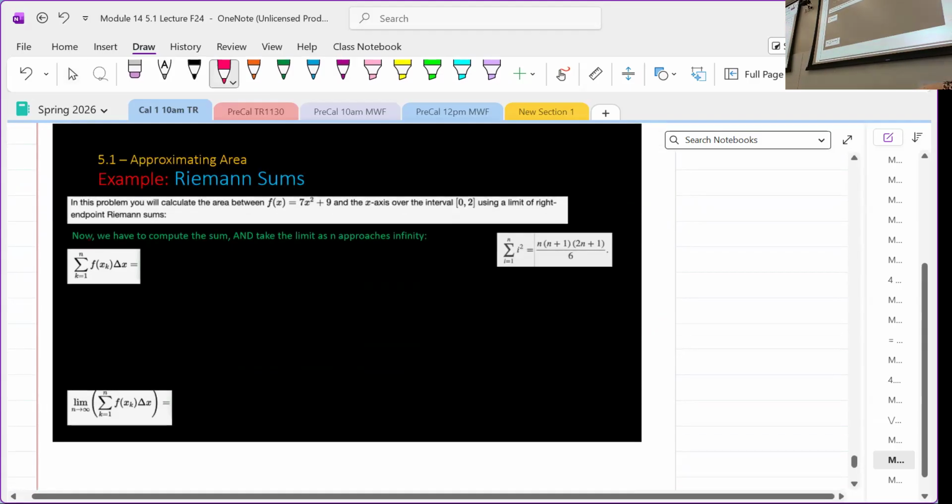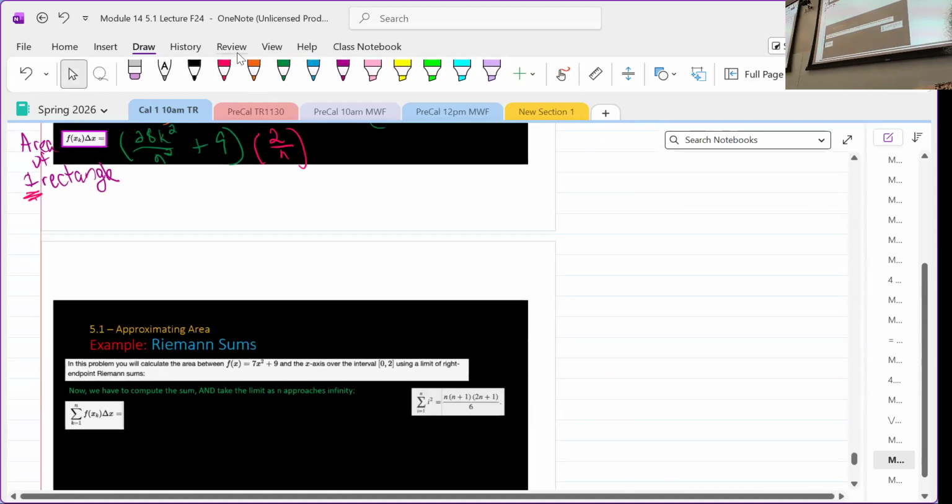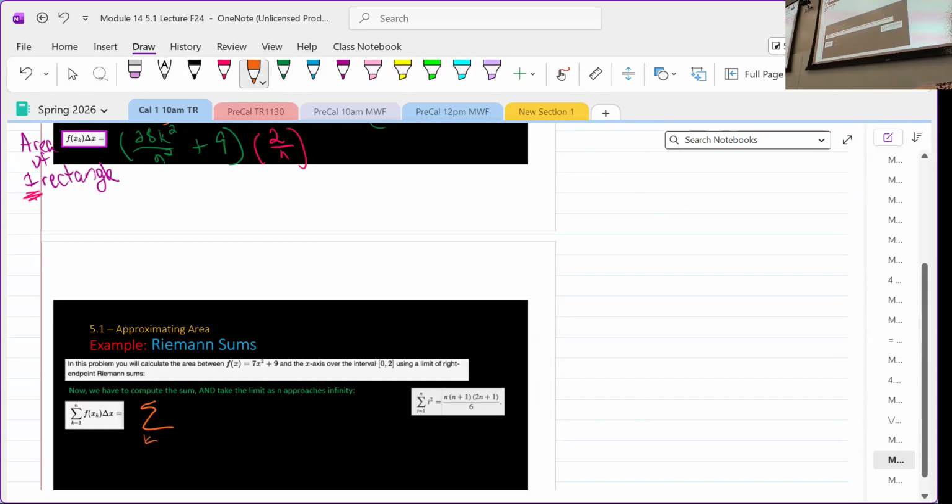Now we're going to write it with sigma. So we have the sum from k equals 1 to n of 28k squared over n squared plus 9, times 2 over n.